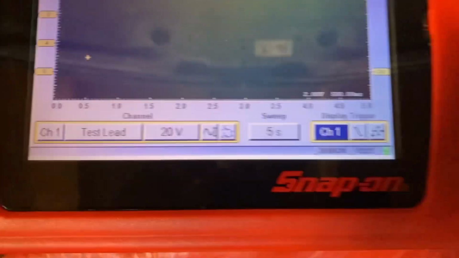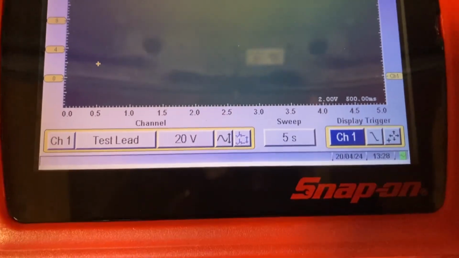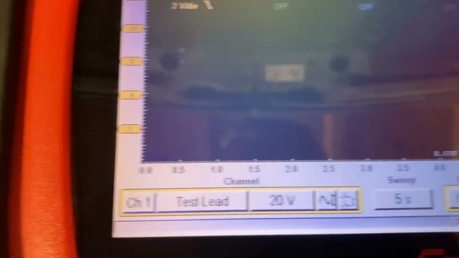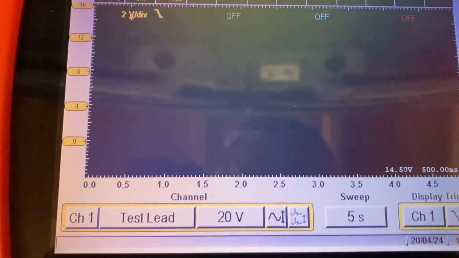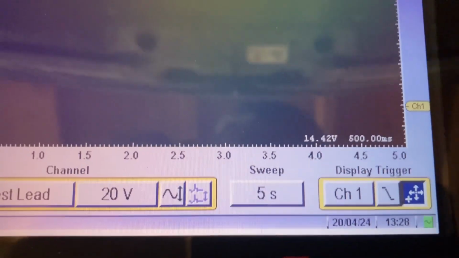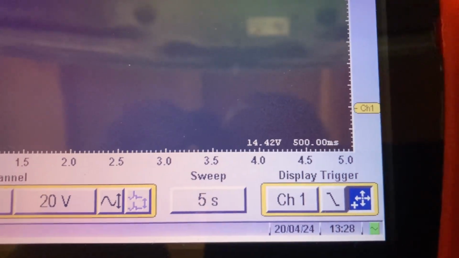And I'm going to adjust my trigger level here. That is actually the trigger level right there. So I'm going to adjust the trigger. And what I'm going to do is come up to 14.4, the operating voltage level, let's call it.